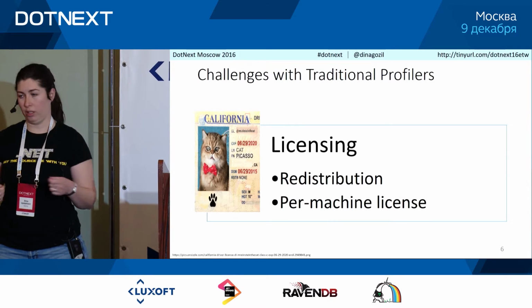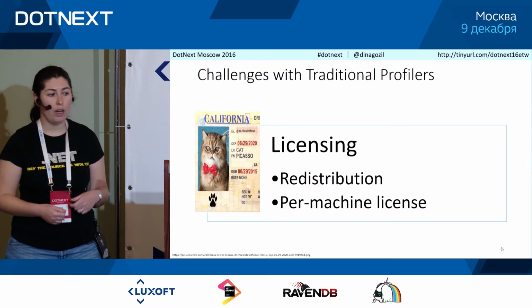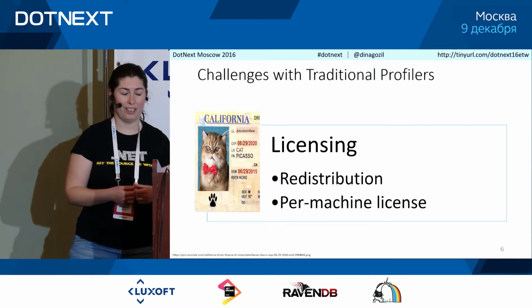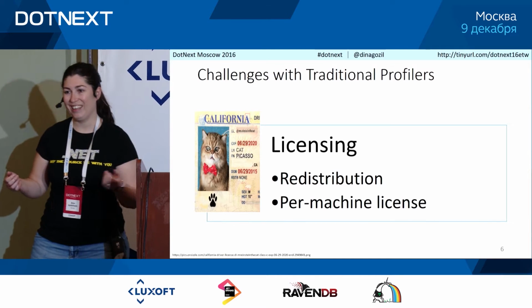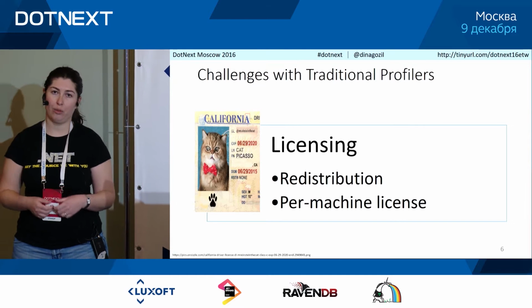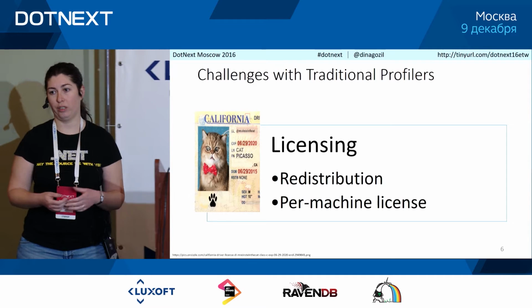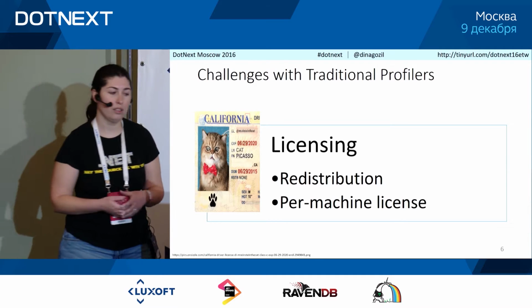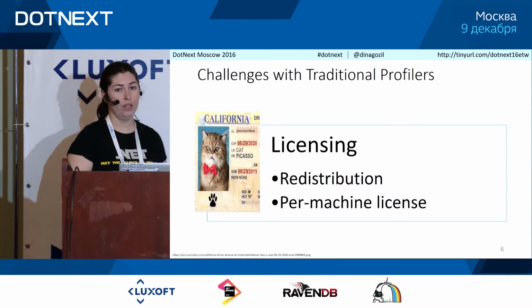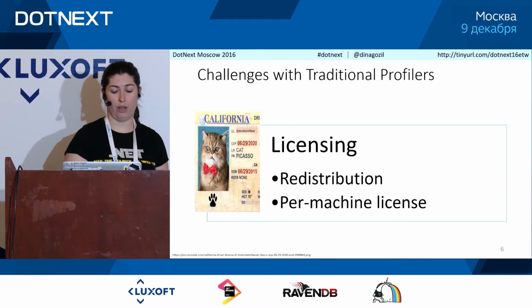Even if they do allow redistribution, you usually get one license, and it's usually pretty pricey. And what if you need to monitor dozens, hundreds, or even thousands of production servers? Just not going to pass. So you need to find a better solution for monitoring your production environments.